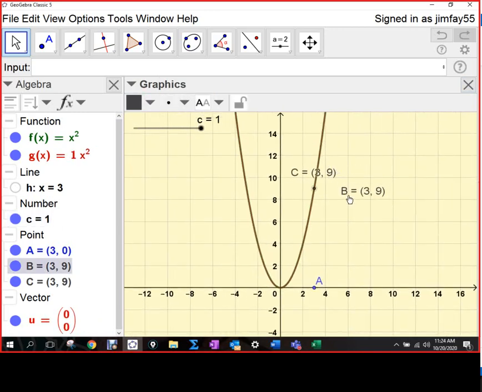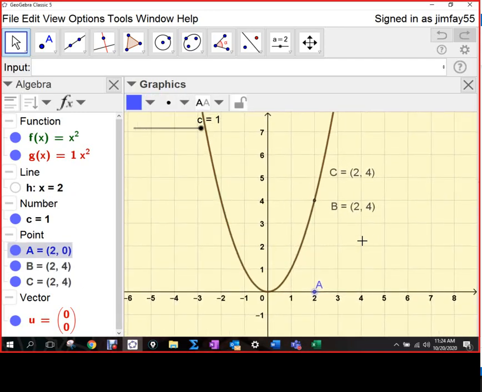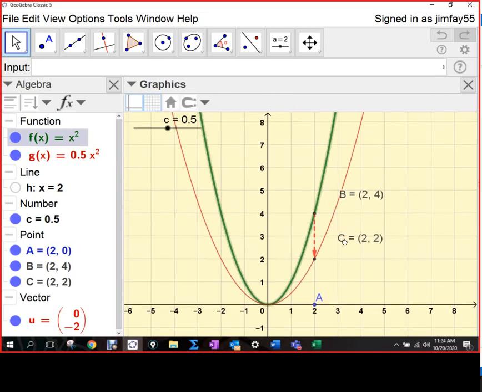Now we'll go to this point here, 2, 4. If that's my parent function, and my number out front is 1/2, how do the y values change? So that 2, 4 was on the green parent function, and now on the red function, I get 2, 2. So that 2 in the y position is half of that one.